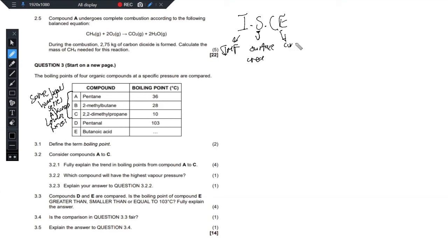C is for compare strength of intermolecular forces, and E is for energy required to overcome the intermolecular forces. So that's basically the ISCE method. Okay, so this is how we are going to explain that.